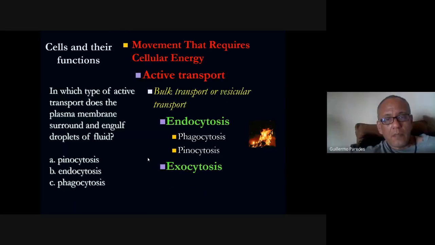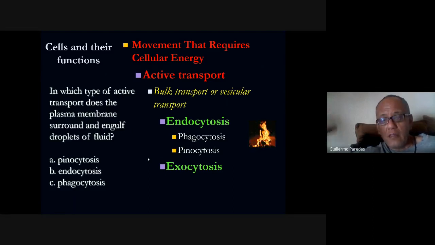Okay. For active transportation, we have endocytosis and exocytosis. Endo means inside, so everything that is coming into the cell. Exo means exterior, outside of the cell. Endocytosis is divided into phagocytosis and pinocytosis.